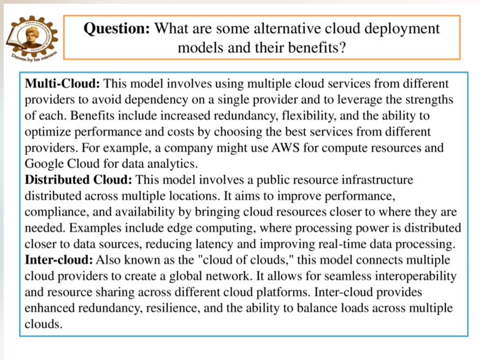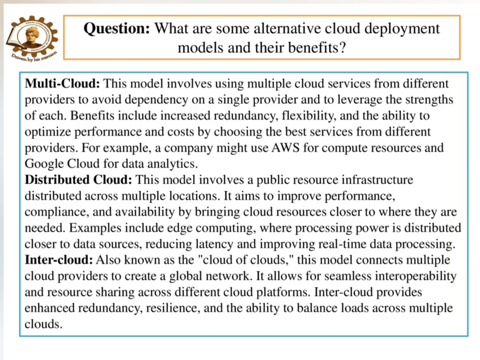Let's take an example of it. A company might use AWS for its core infrastructure, Microsoft Azure for AI development, and Google Cloud Platform for data analytics. This strategy provides flexibility and access to specific services from each provider.